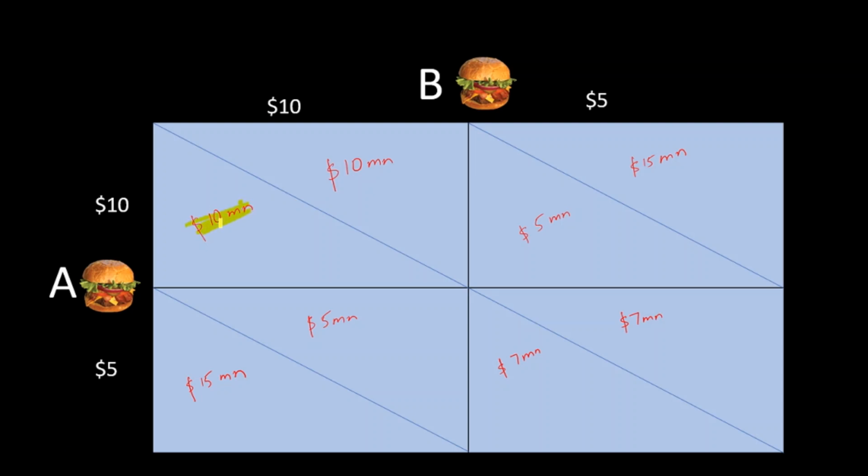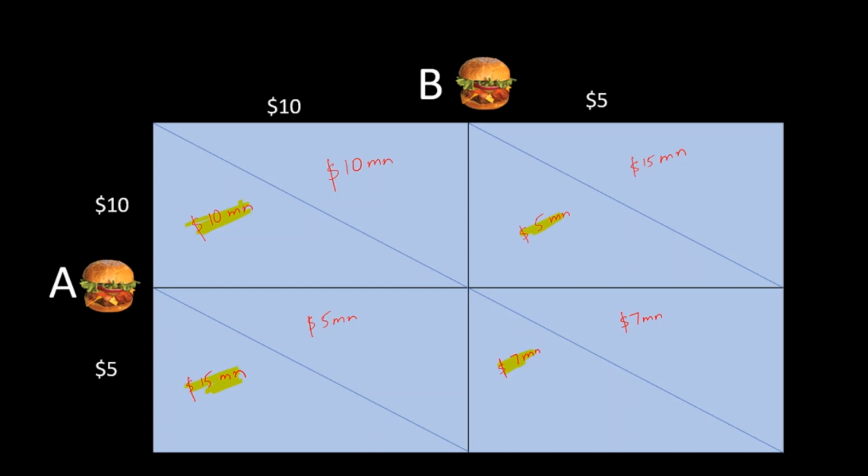So all of these highlighted profits indicate the profits of firm A based on the prices of firm B, which is its competitor. Likewise, the non-highlighted numbers indicate the payoffs or profits of firm B, which is dependent on the pricing strategies of firm A. So essentially, this payoff matrix indicates all the combinations of economic profits arising from the action of two competitors, firm A and firm B, in an oligopolistic market.